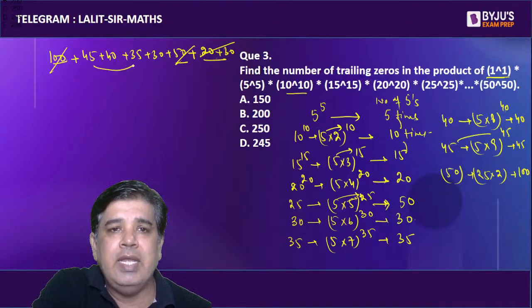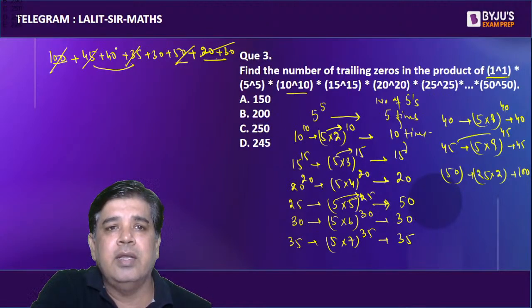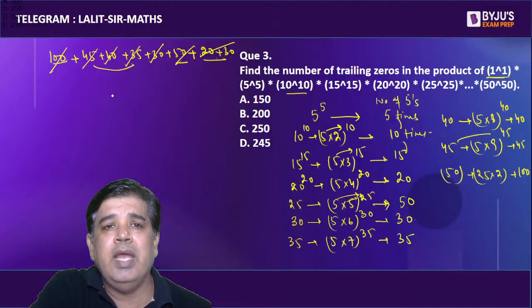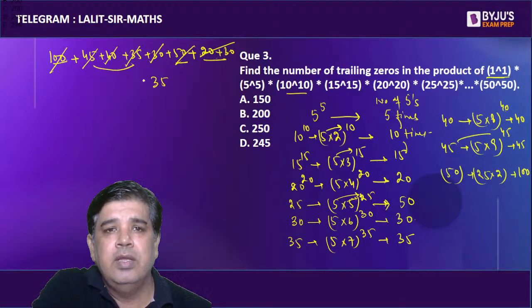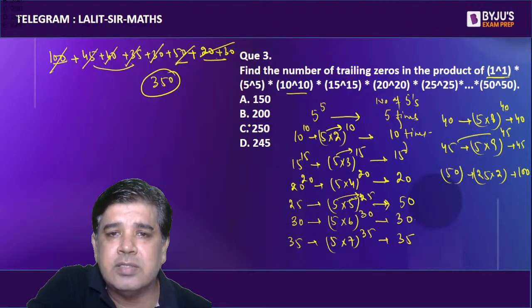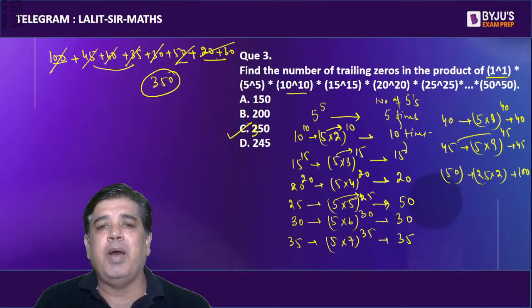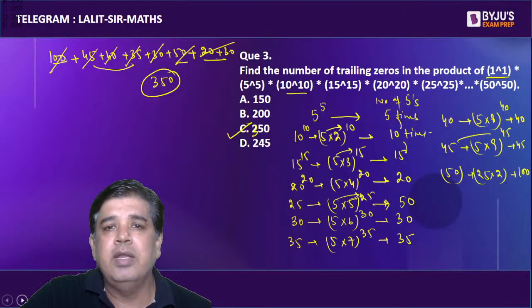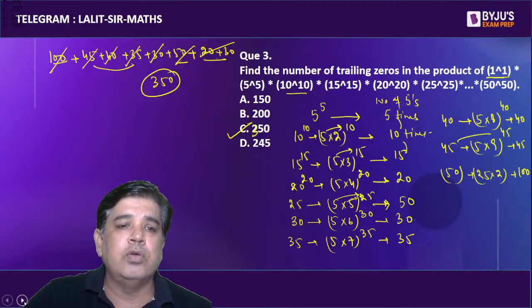This is 80, so 280, and 40 is 320, and 30 is 350. So the answer is 350. I think this is miswritten. Answer is C part, 350. So the total number of 5s here is 350, so the number of trailing zeros will be 350.